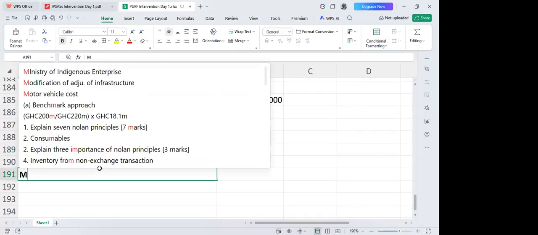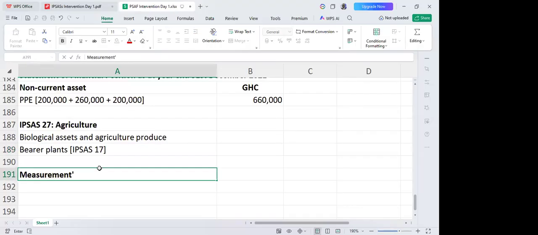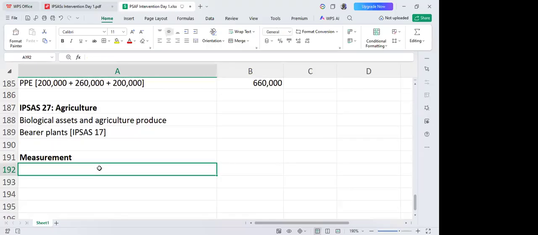Let's look at the measurements. Let's start with initial measurement, for either biological assets or agricultural produce. Here it says that it's going to be at fair value less cost to sell.